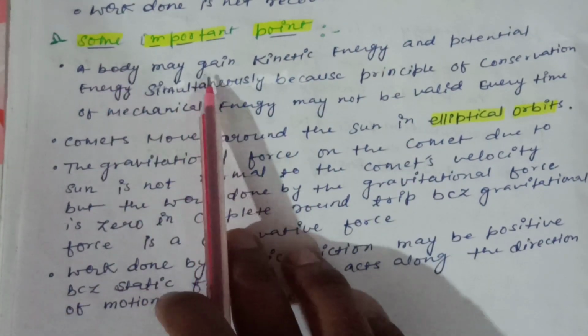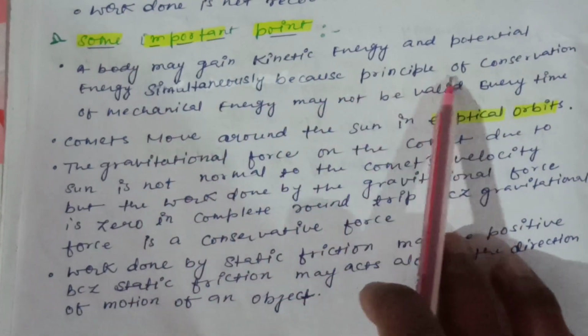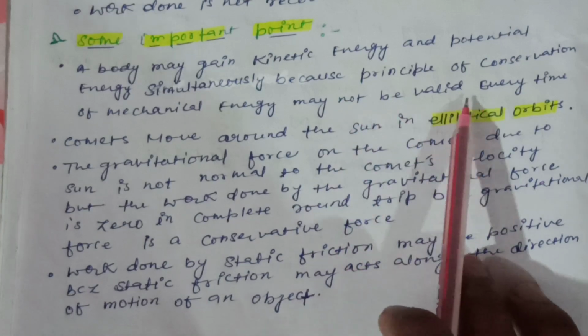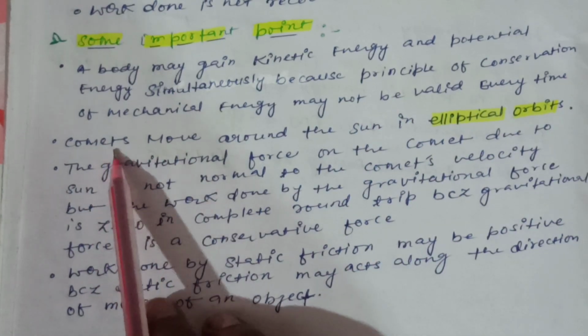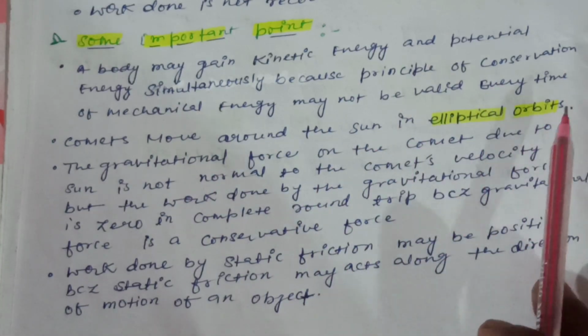A body may gain kinetic energy and potential energy simultaneously because the principle of conservation of mechanical energy may not be valid every time. Comets move around the sun in elliptical orbits.